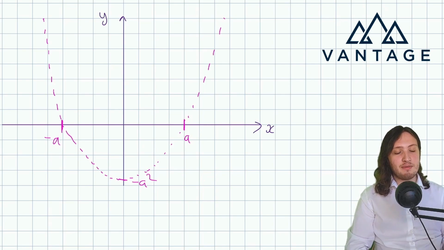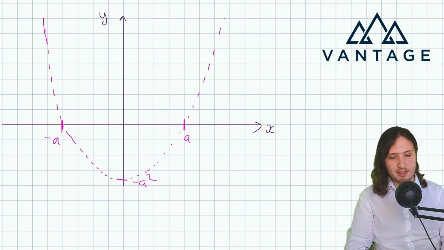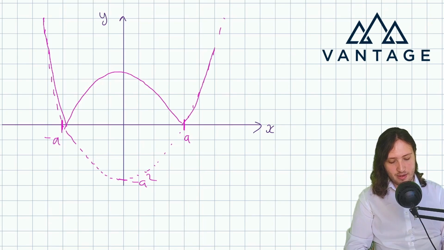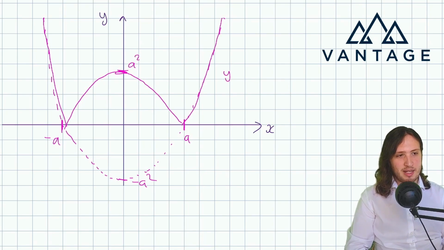And then to obtain the version with the modulus, all that happens is the portions which are negative now get reflected in the x-axis to turn them positive. So we get this very, very simple shape. Y-intercept now up at a². So that's y equals modulus of x² minus a².